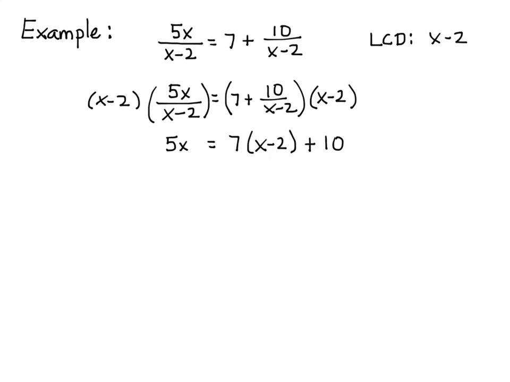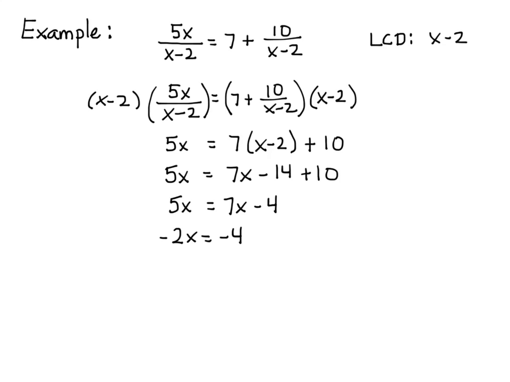The x minus 2's cancel in that second one. When I expand this, I get 5x equals 7x minus 14 plus 10. Then further simplify it. The -14 plus 10 is -4. Subtract 7x from both sides, and I get -2x equals -4, or x equals 2.